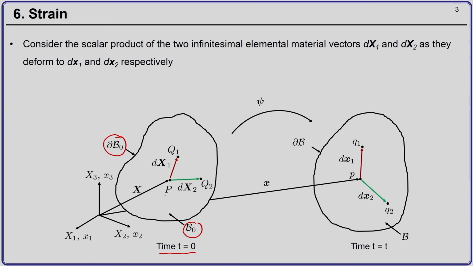Let P be a point whose material vector is x. Let us consider two more points, q1 and q2, whose relative position vectors with respect to P are dx1 and dx2 respectively.